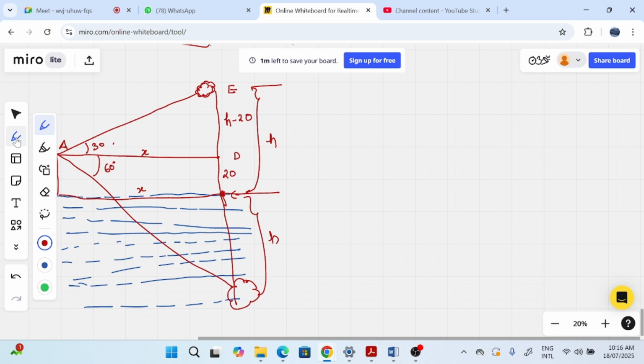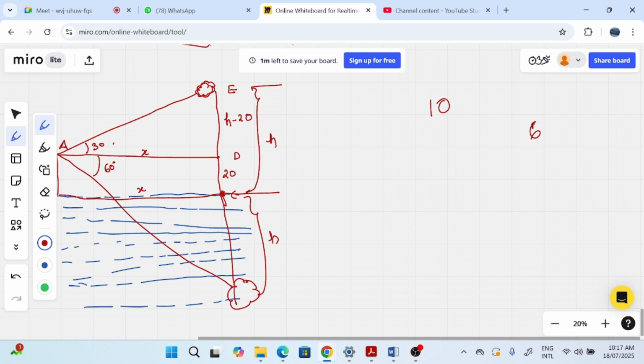Ma'am, instead of h minus 20, can we take it as like y? See, if you take it as y, it's not wrong, but it will become a little bit more lengthy and tricky. Here we are taking h minus 20. Suppose you have 10 rupees with you. You give 6 rupees to your brother or someone. How much is left with you?